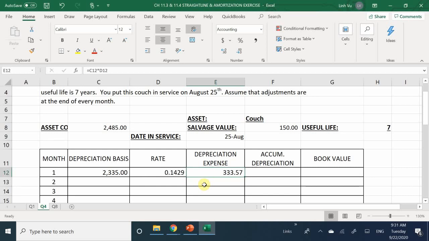So that's why I rounded to the nearest penny. So in this case, your number's going to look slightly off.